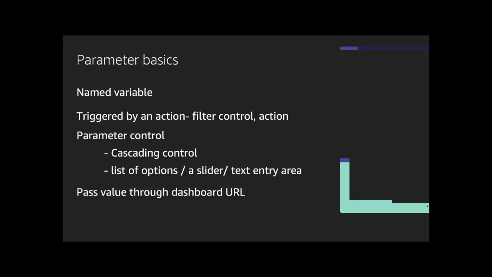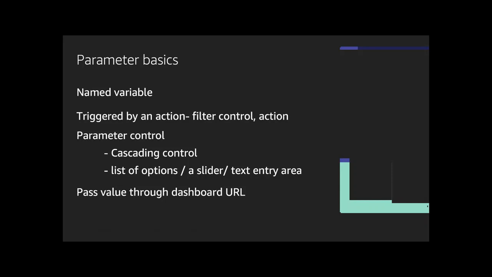Cascading control is an effective way to control values that can be displayed in certain filters. Using cascading control, the selection in one control filters the options that will be displayed in other control filters. A control can appear as a list of options, a slider, or a text entry area. So there are three ways that visually a control can appear in front of your user.